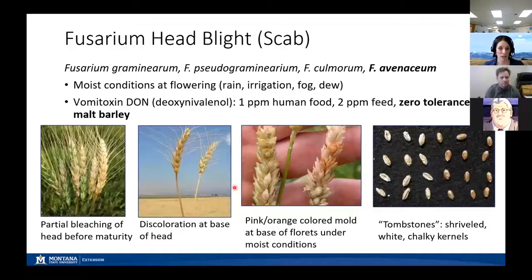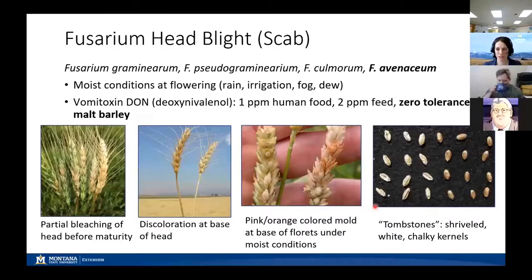And then these kernels are typically shriveled and discolored, which you can see here on this right-hand picture. We call these kernels tombstones, or as I will refer to them later, FDK, for Fusarium damaged kernels. So they're smaller and kind of paler and just kind of sad looking, and obviously the test weight of those is also much reduced.